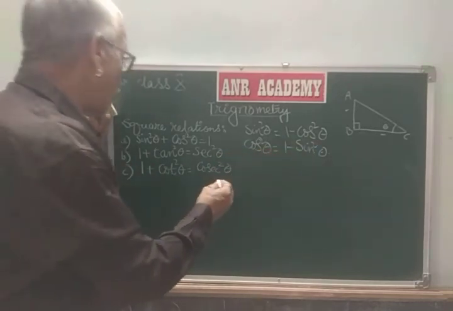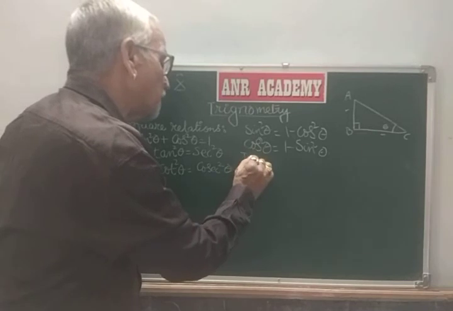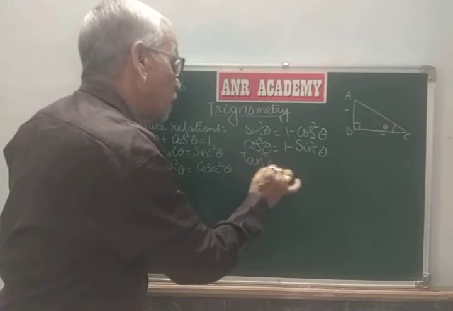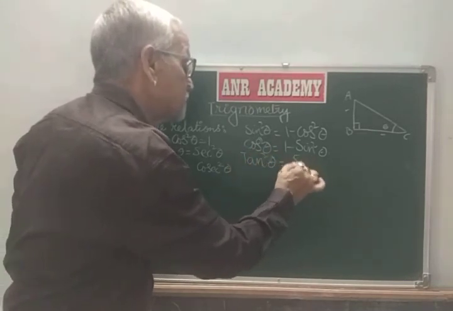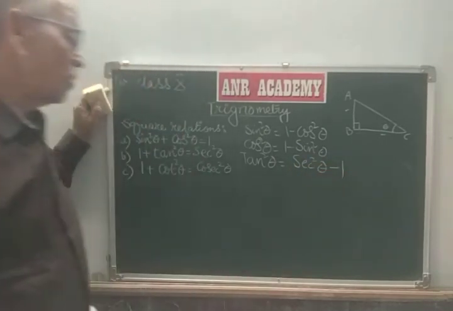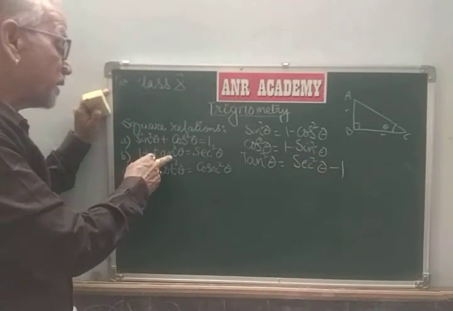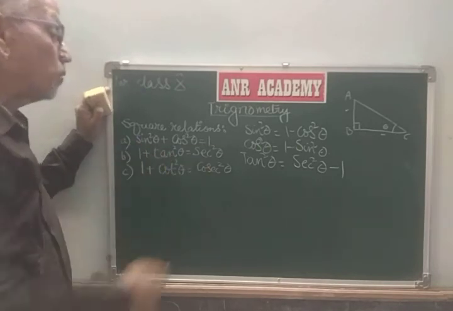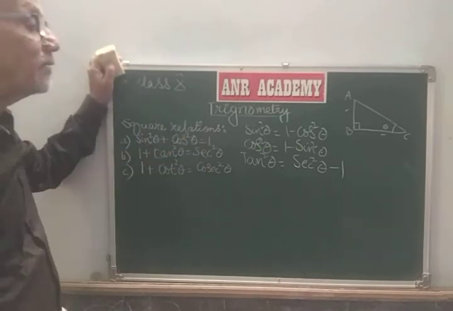From this you can find tan square theta is equal to secant square theta minus 1. I kept this tan square theta here and took that 1 to the other side of the equation.